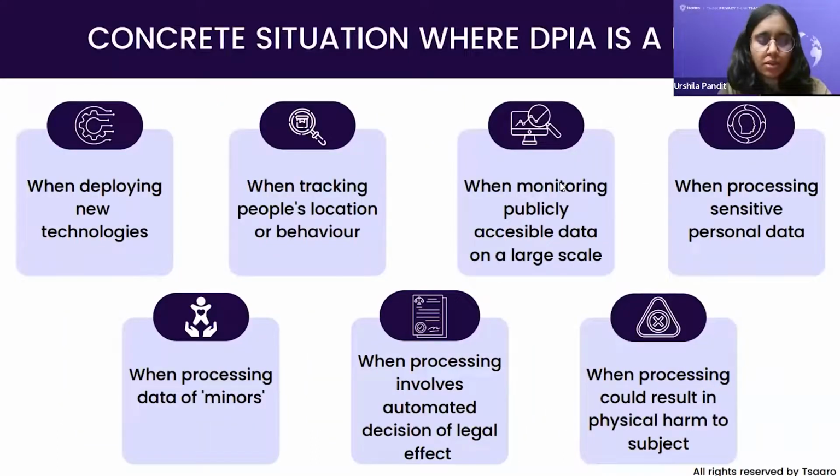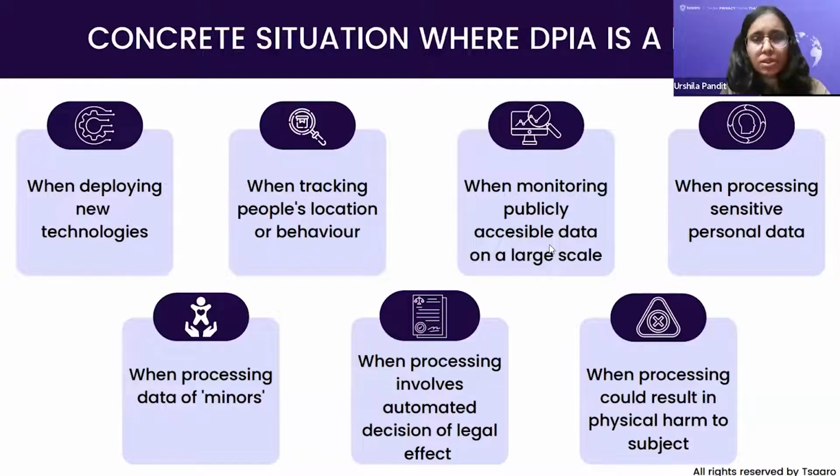So the GDPR also specifies certain circumstances in which you have to conduct a data protection impact assessment. And these are some of the cases that we've pointed out here. Some of the cases would be when developing new technologies, when you're using extremely intrusive measures in terms of privacy, such as tracking user behavior, when user behavior is being tracked publicly through publicly accessible data on a large scale.